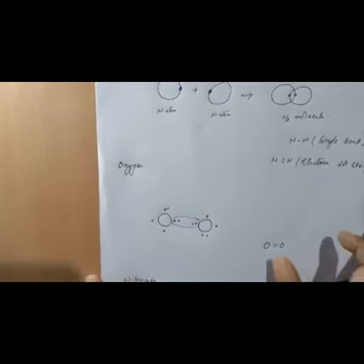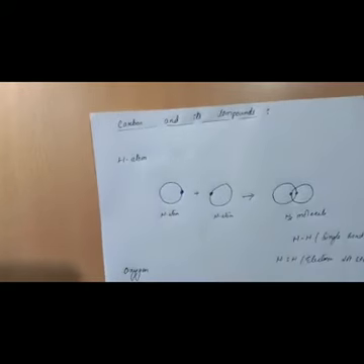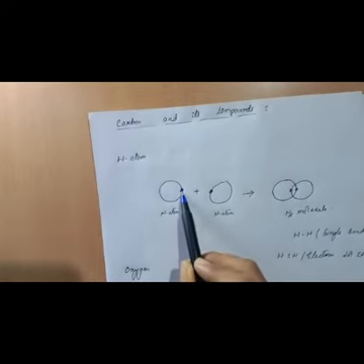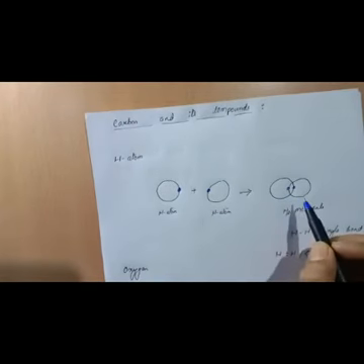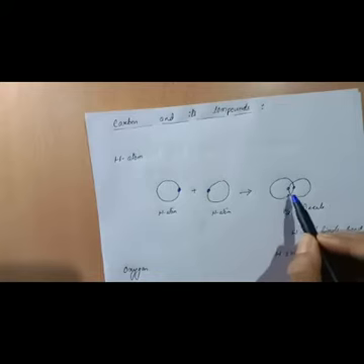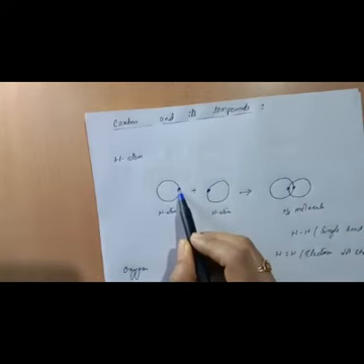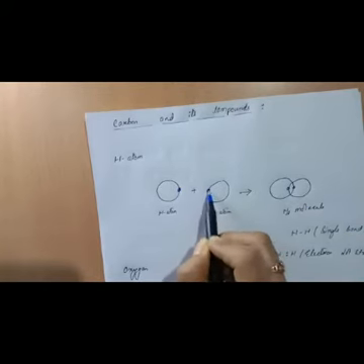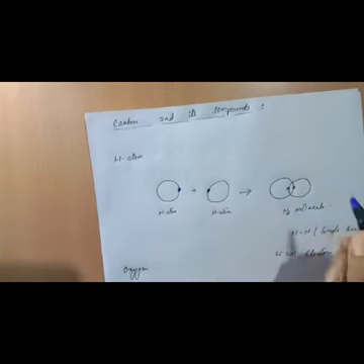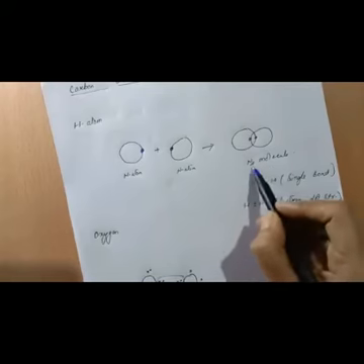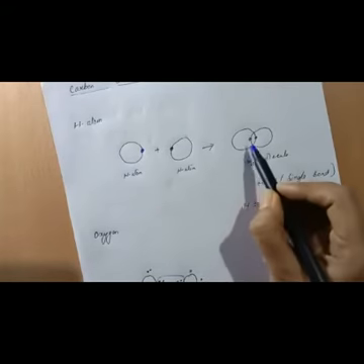If we consider the example of the hydrogen atom, hydrogen has 1 electron in its valence shell. So to attain a stable electronic configuration, that is, to have 2 electrons in its outermost shell, one hydrogen atom shares its electron with another hydrogen atom to form an H2 molecule by mutual sharing of their electrons.